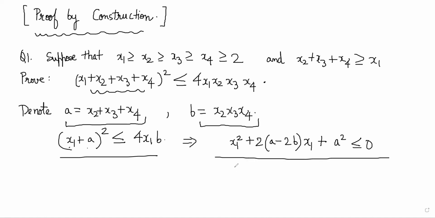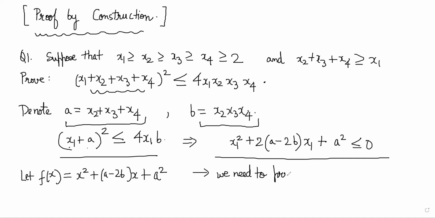This is the original inequality converted in terms of our new variables A and B. So if you say let f of x equal to x square plus 2(A minus 2B) x plus A square, we need to prove that f of x1 is less than or equal to 0. That is our target here. So let's work on this in the next screen.